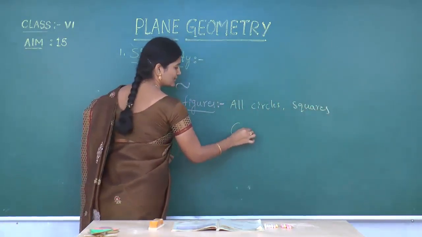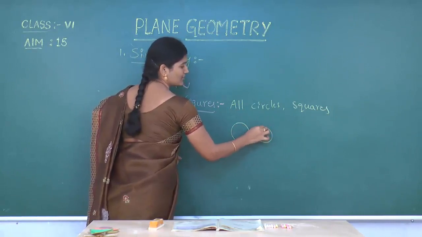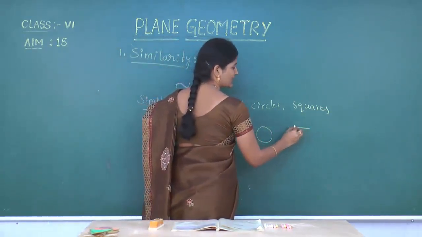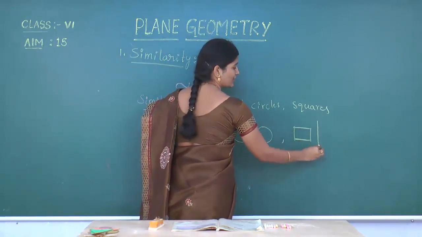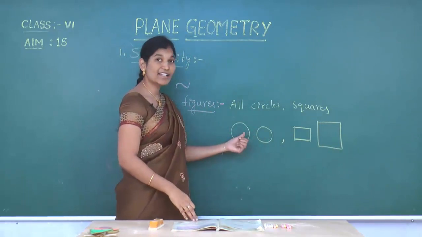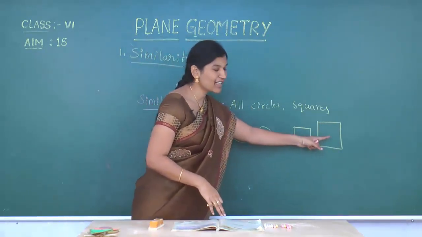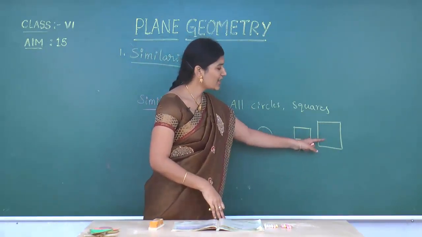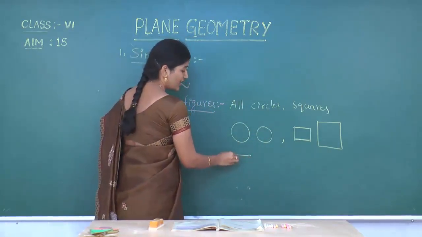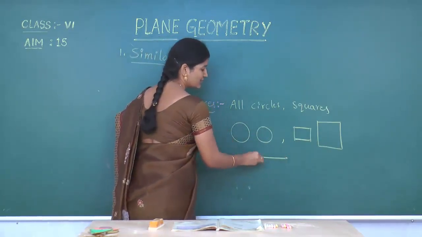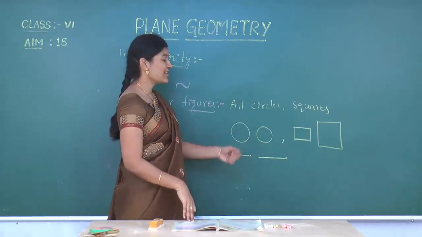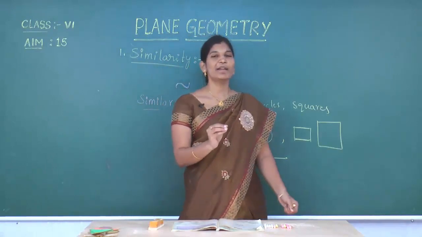See, these are similar figures, and squares also. If you observe, these two figures are in the same shape, and these two figures are also in the same shape. And moreover, we can say all line segments are also similar figures. In this way, we can say what is meant by similar figures.